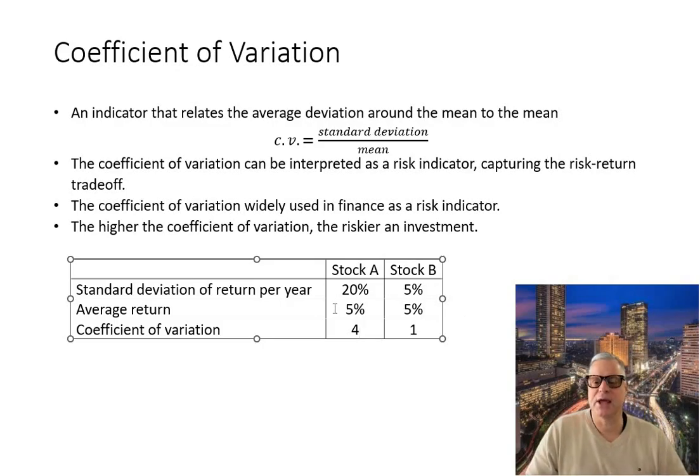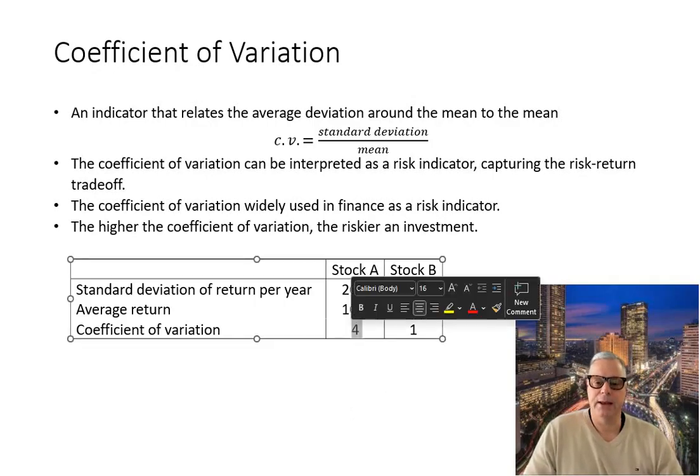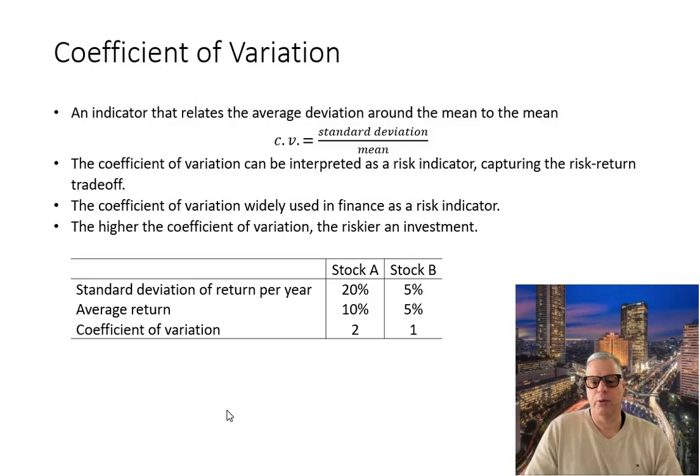In this case they have the same average return, but for each unit of return you get 4 times as much risk as for stock B. But if the average returns are different and you are only interested in what is the less risky per unit of return, you would clearly say, I want to go with stock B. So the coefficient of variation is an example that combines measures of centrality with a measure of dispersion, namely the standard deviation relative to the mean, and it can be interpreted as a relative risk indicator.